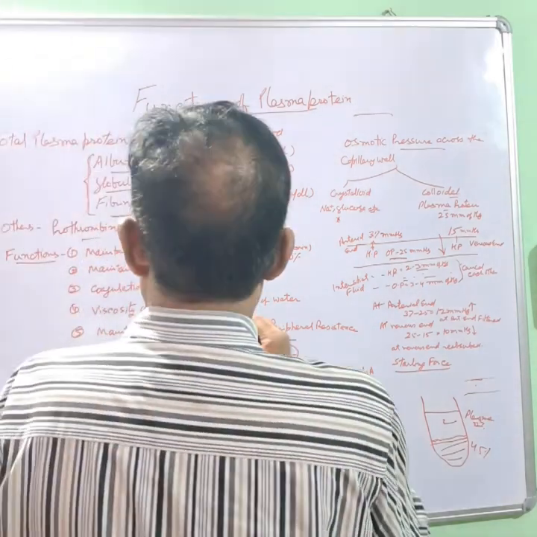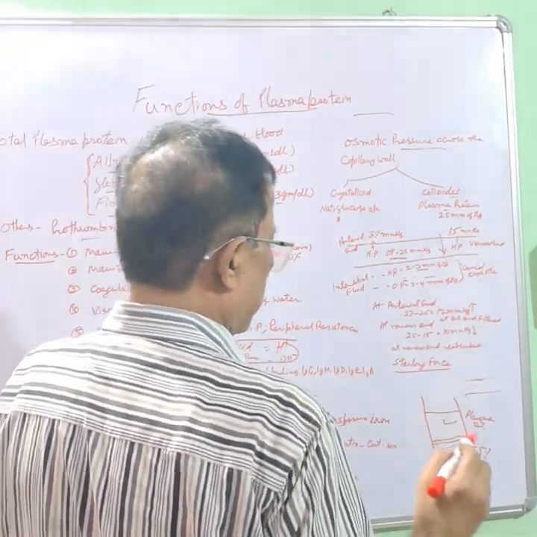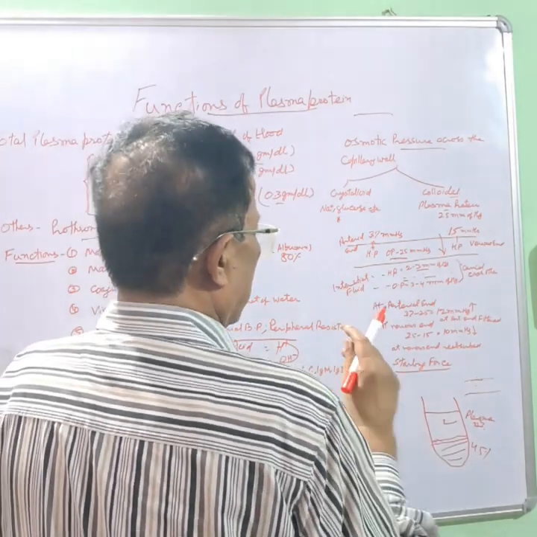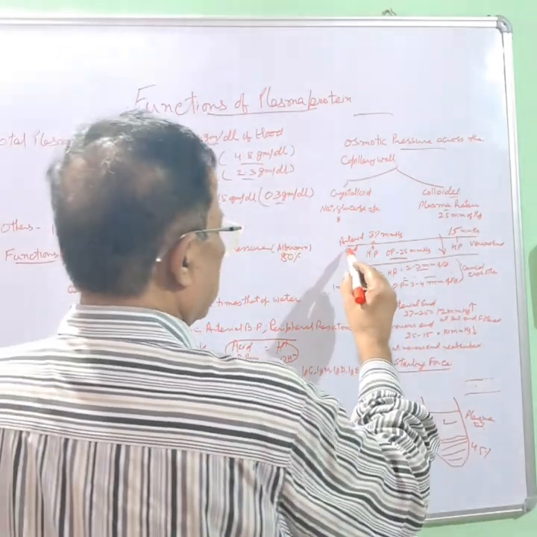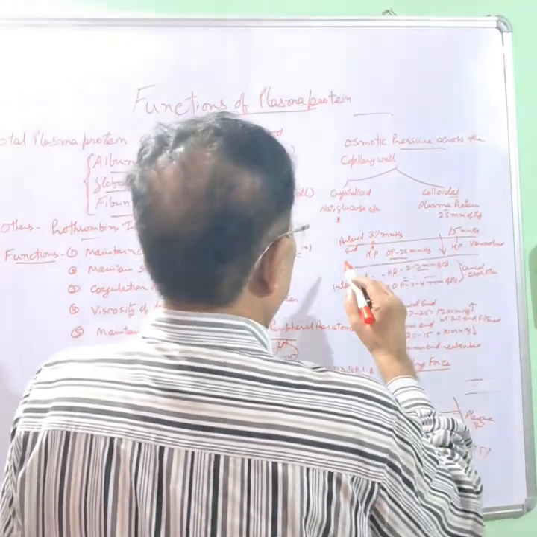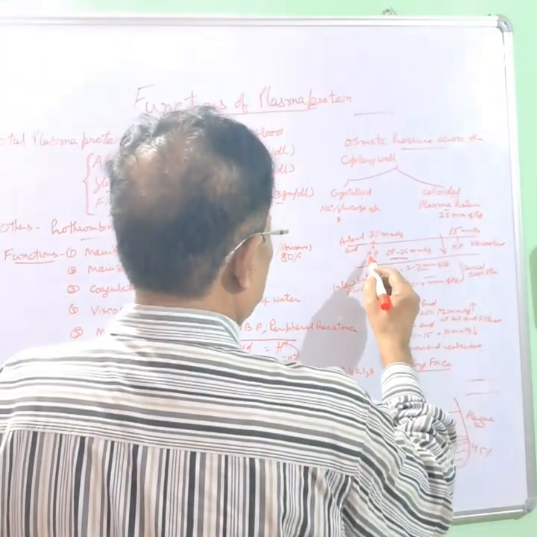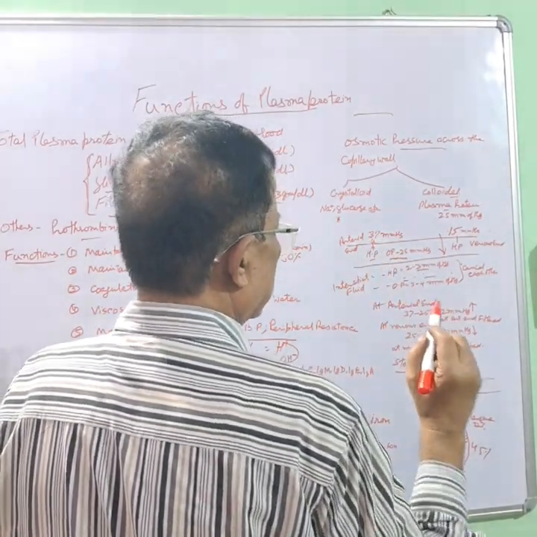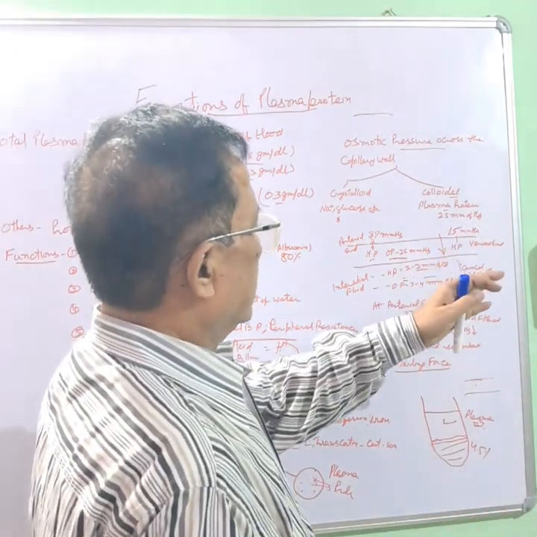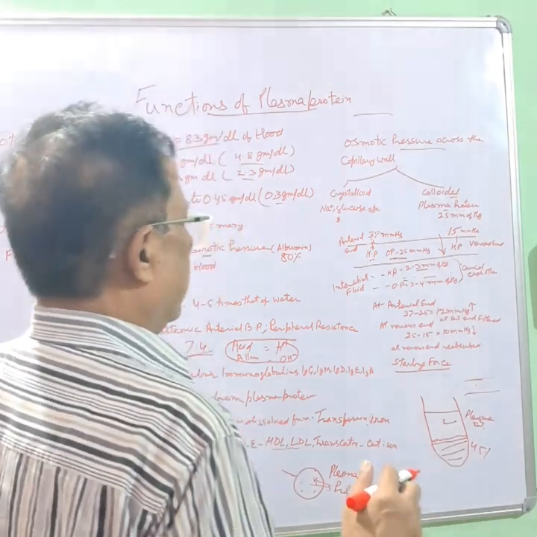Now, this is how colloidal osmotic pressure is maintained. Here is an applied physiology application in the whole body. Capillaries have an arterial end as well as a venous end. At the arterial end, hydrostatic pressure is more, 37 millimeters of mercury, and at the venous end it reduces to 15 millimeters of mercury.